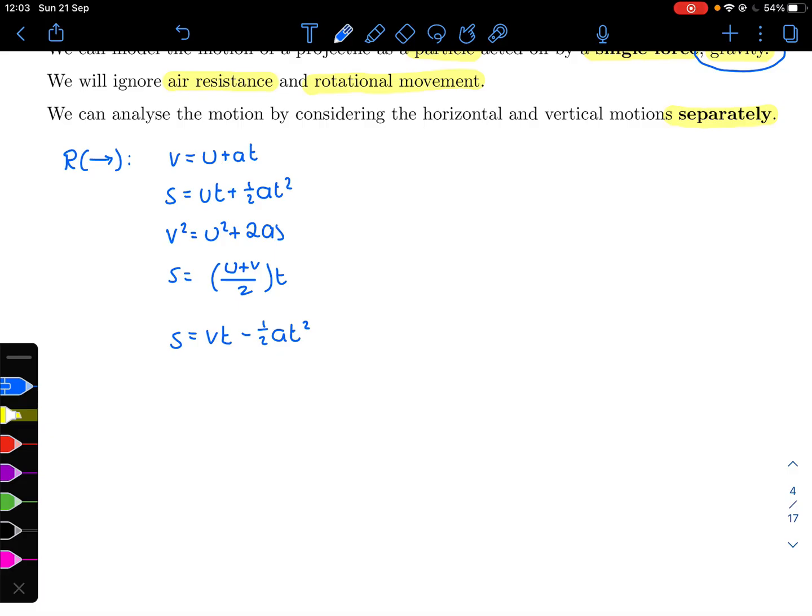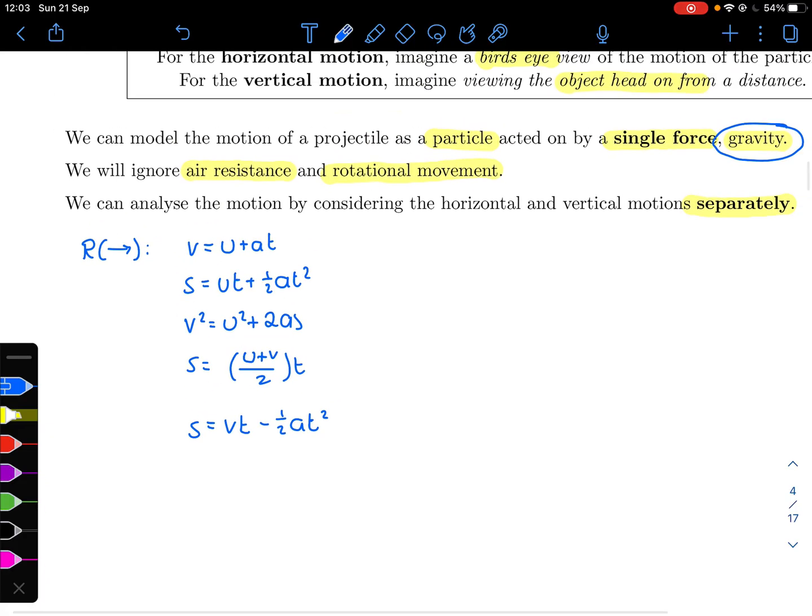So since gravity is only acting vertically, and no other forces are acting horizontally, that means nothing can be causing this object to accelerate or decelerate. So the acceleration must be 0 in the horizontal considerations. So what does that mean for each of these equations?